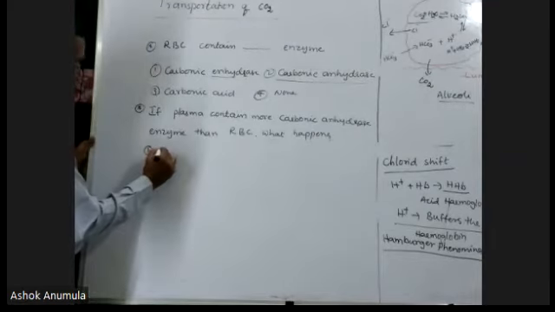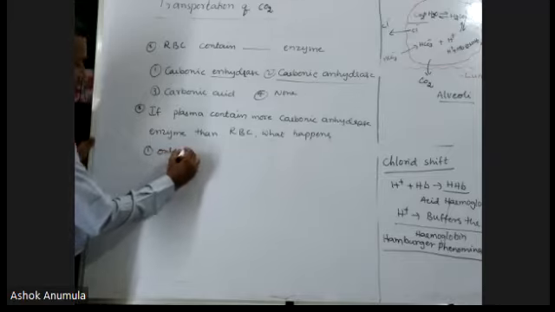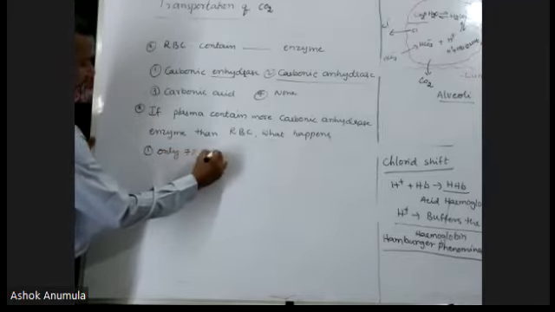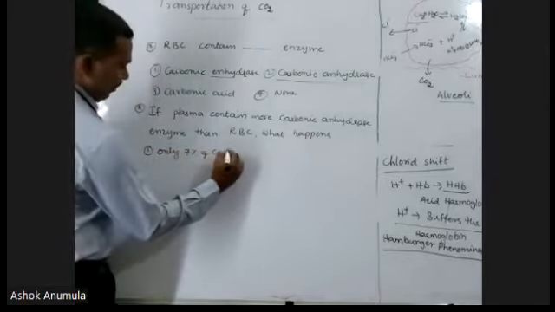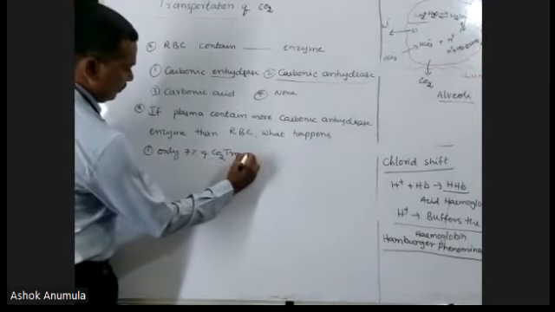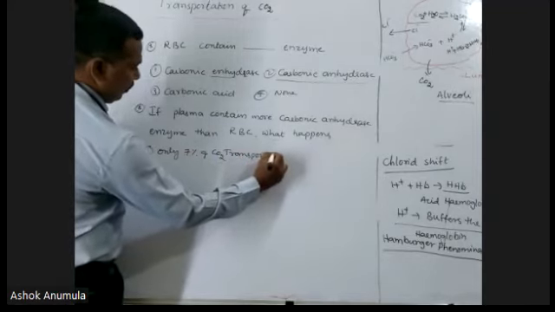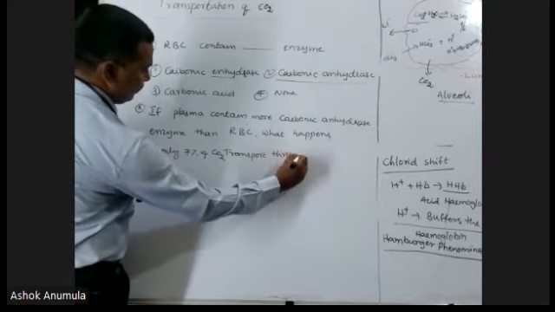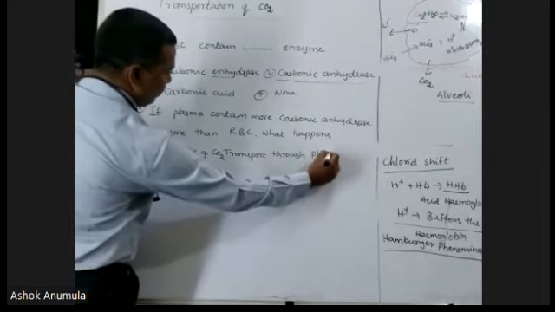Here you can take the first option: only 7% of carbon dioxide is transported through the plasma.